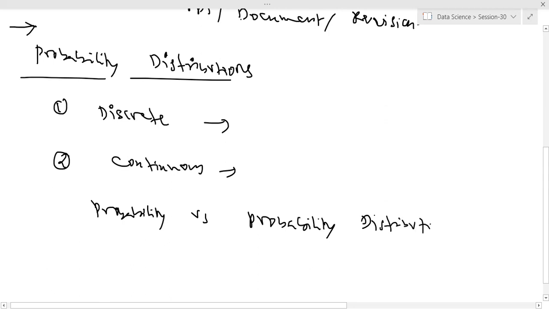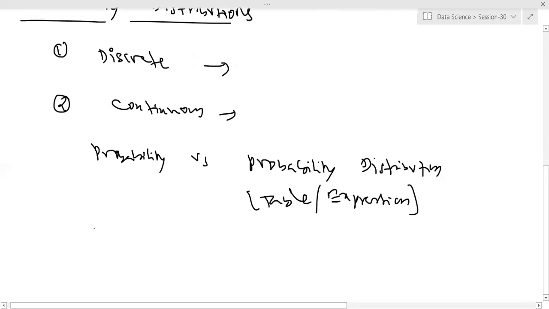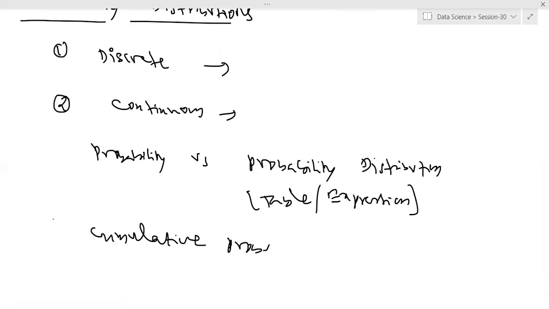Distribution, as the name implies, gives the full idea, the total picture of it. It is a table or some kind of expression. As an example, we have seen cumulative probability also. Rather than talking about a particular situation, you can look at how the accumulation can happen.